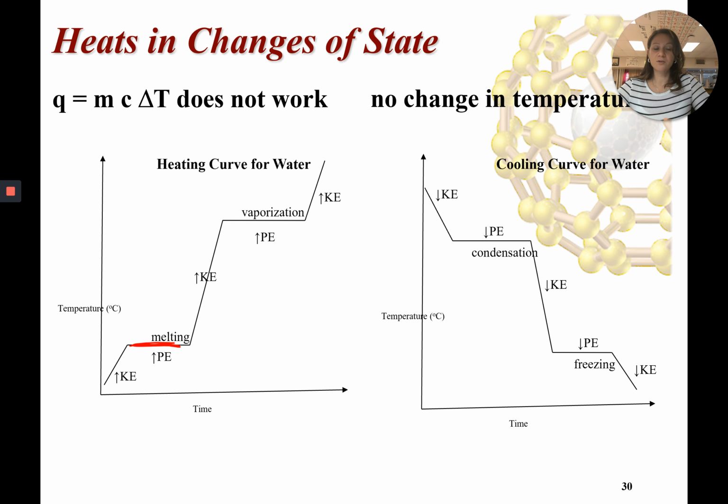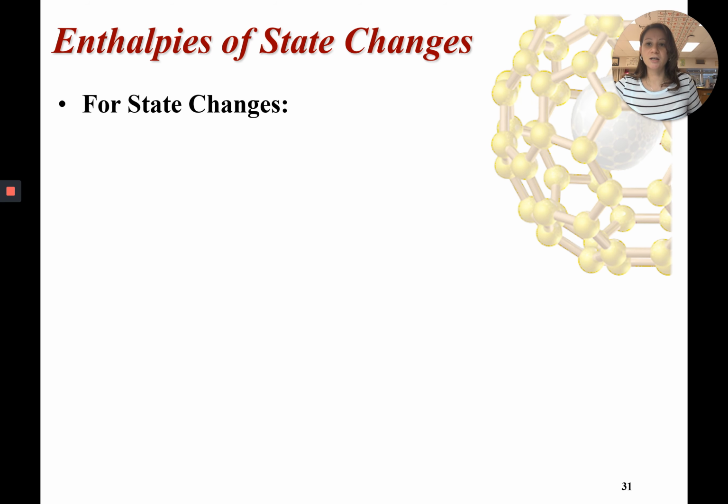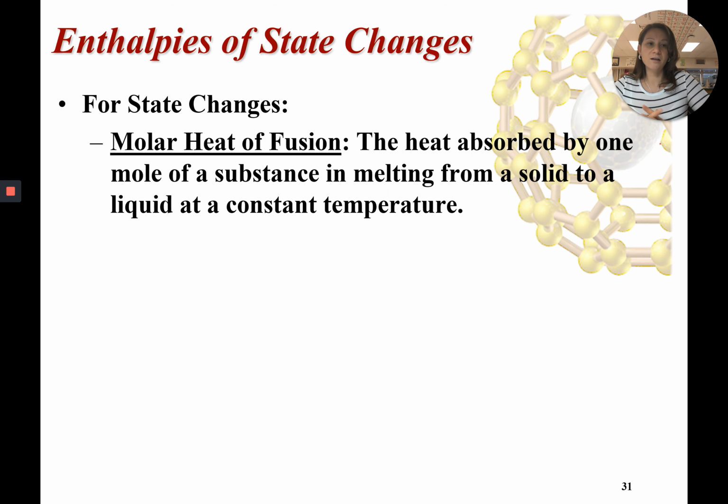Well, they got a certain amount of ice, and let's say a mole of ice, and they gave it little bits of energy at a time, measuring how much energy they keep adding until it just melted. And they call that the molar heat of fusion.